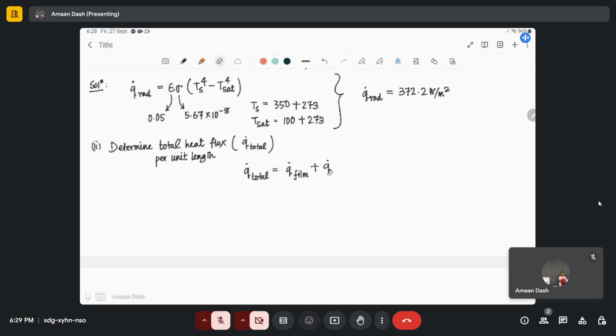But there is another factor they have given, that is it's multiplied by 3 by 4. So using this correlation, you calculate the total heat flux per unit length.